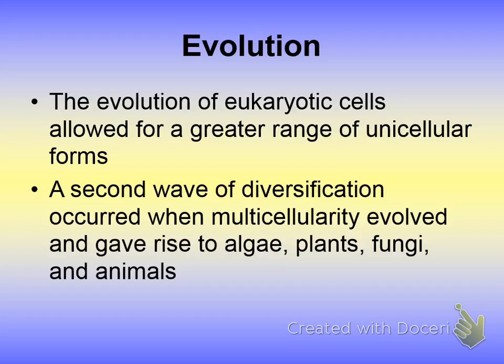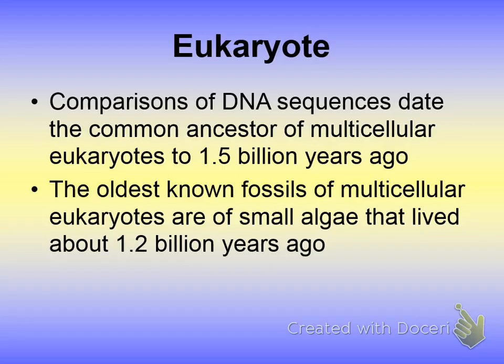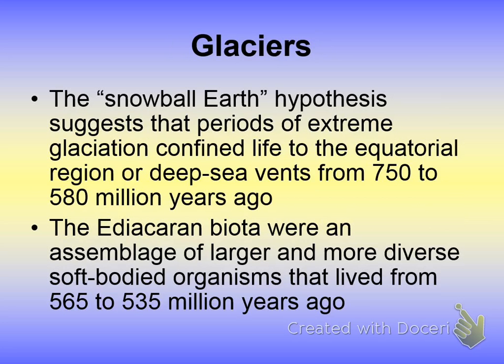So initially we just have these little, very primitive cells, prokaryotes. Then that gives rise to the eukaryotes about 1.5 billion years ago, and algae lived about 1.2 billion years ago. So our first eukaryotes, our first attempt at this, is about 1.5 billion years ago.